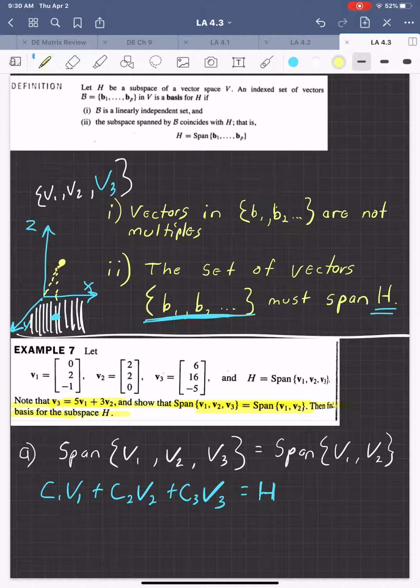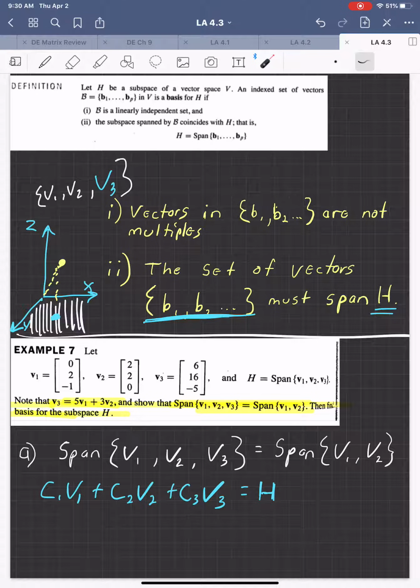I hope that, in other words, is helping you understand what's really happening here. When they say that v sub 3 can be built from the other two vectors, that's the equivalent of saying v sub 3 is just some vector that's in the span of the first two vectors. It's not helping you out at all.